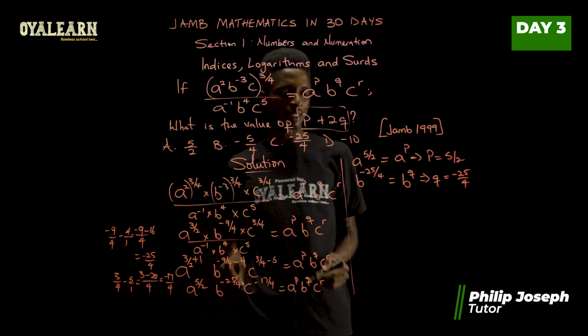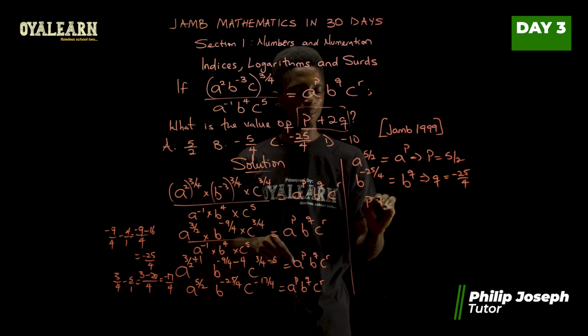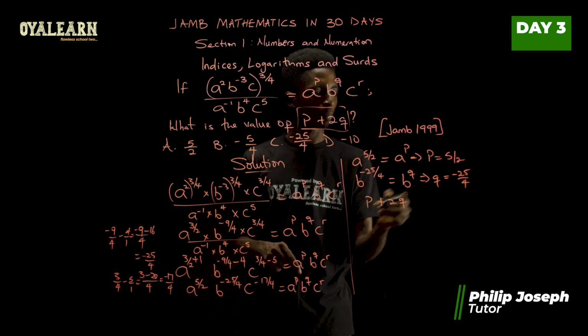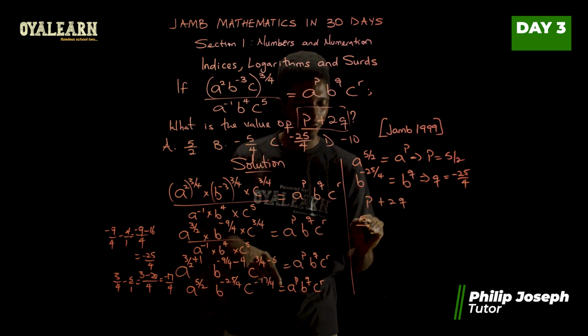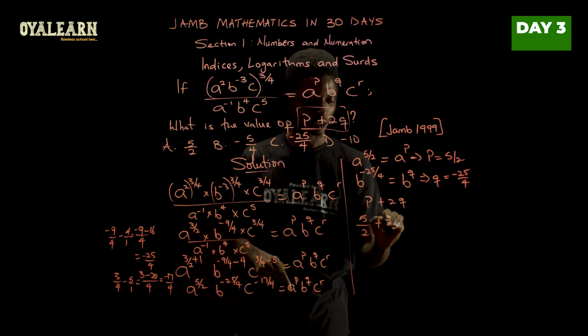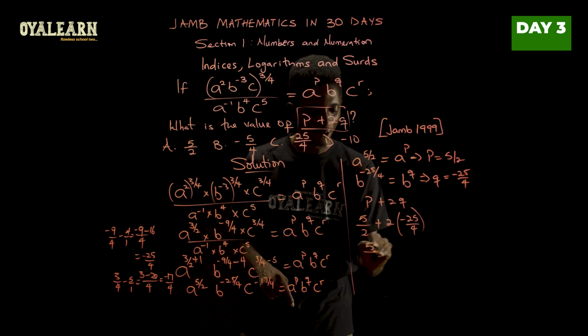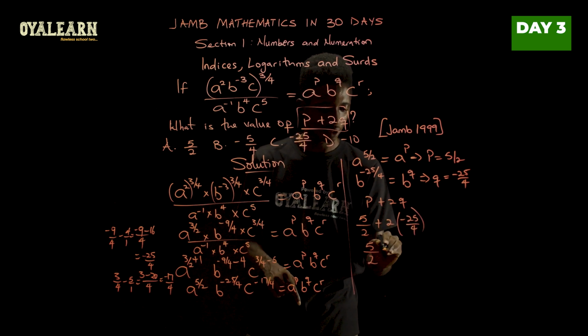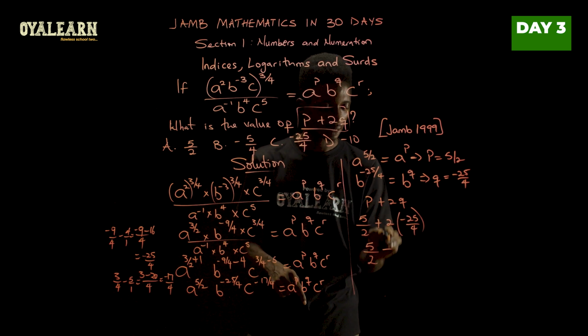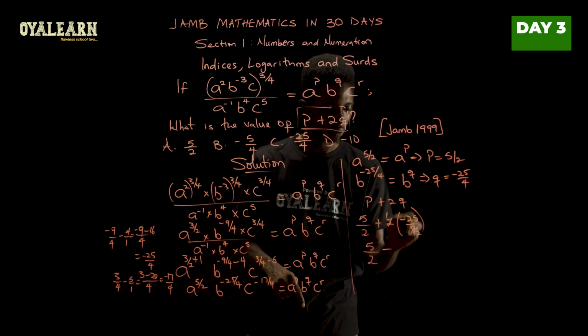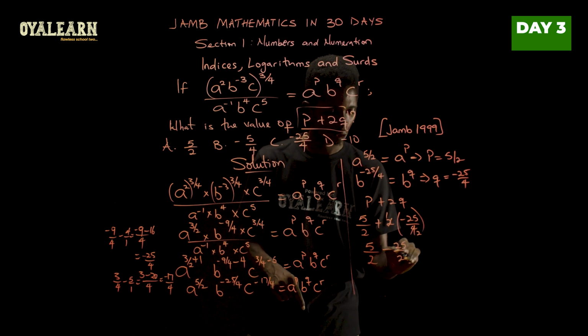Now let's evaluate this. P plus 2Q. Now P is 5 over 2 plus twice of Q, which is minus 25 over 4. This will mean we'll have 5 over 2, plus times minus is minus, and 2 here 1, 2 here 2, so we have minus 25 over 2.